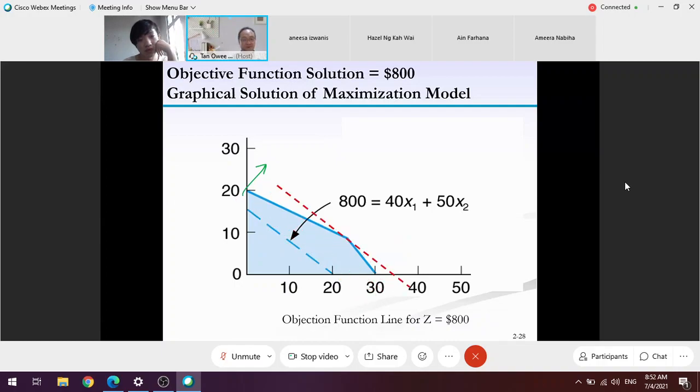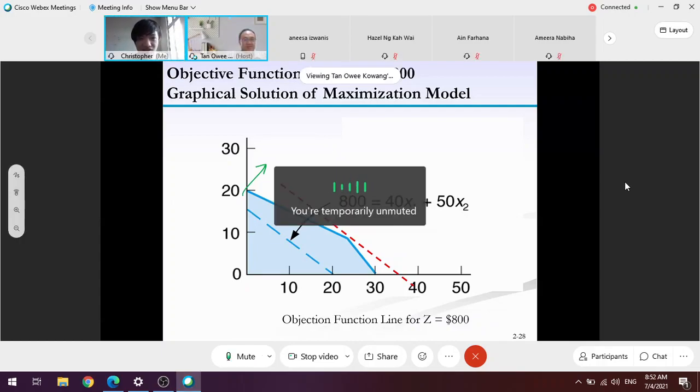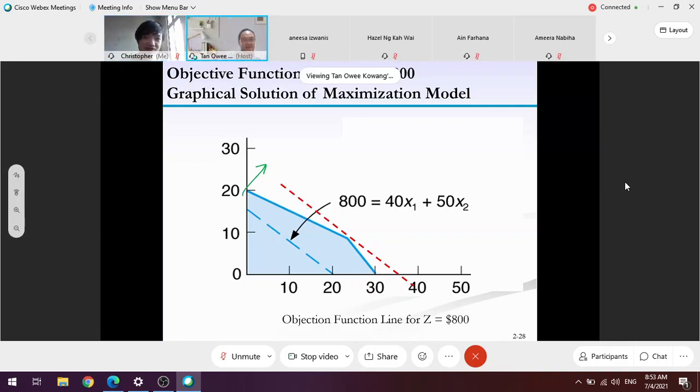The last point that is touched by the line before leaving the feasible area, that point is the optimum solution. Is it clear? Anis, okay, Anis clear? Is that clear? Clear, Doctor.